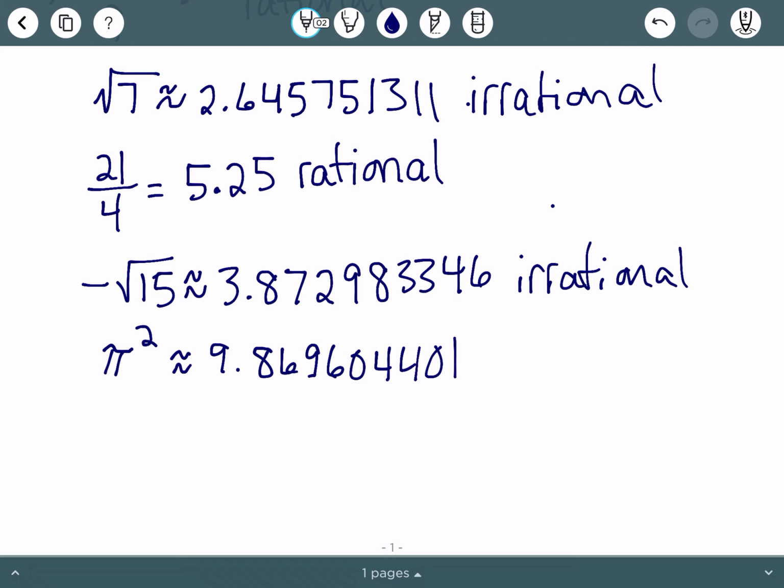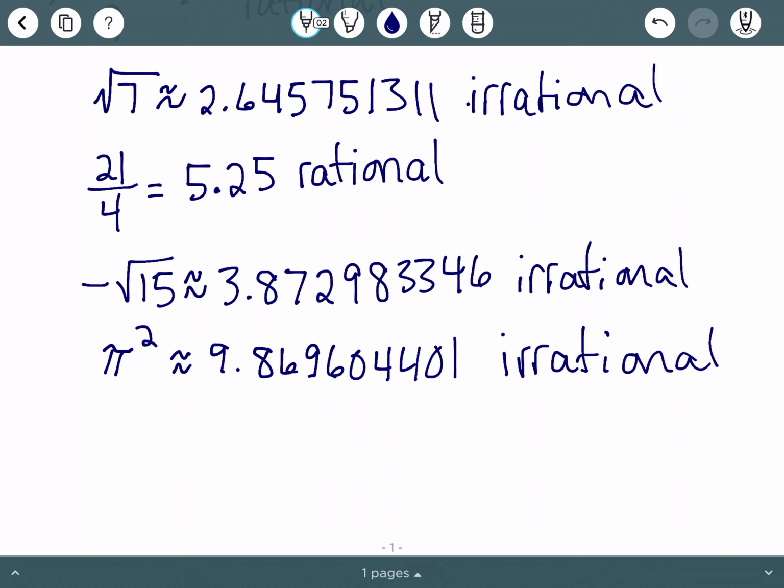And we know that pi itself is irrational. So if we square it, let's look at our numbers after the decimal. I don't notice anything repeating, and it does not terminate. However, that 1 that you see right here is where my calculator screen maxes out. I can't put any more digits in. So this one is going to be irrational.